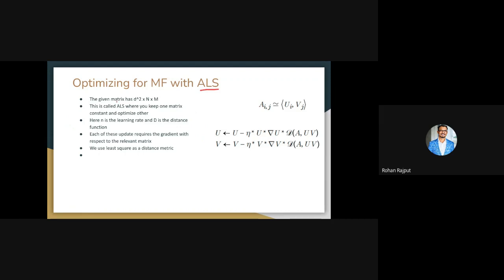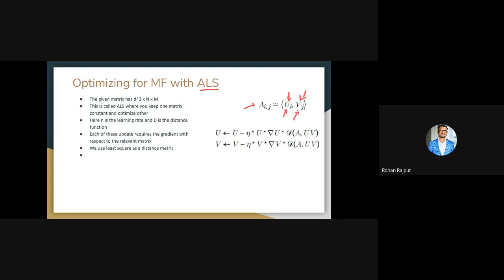So we have a matrix A of n cross m. We try to break down this interaction matrix into two matrices, U and V. What we will do is first keep one parameter constant and vary the other one.